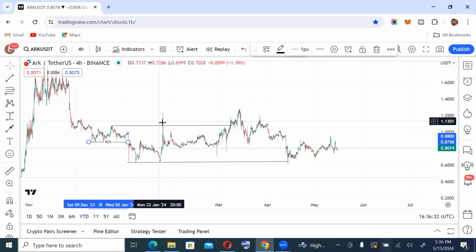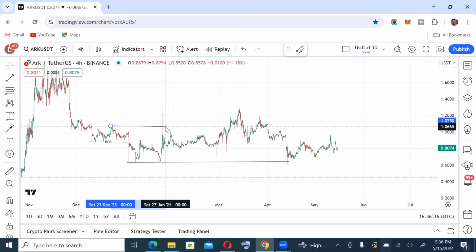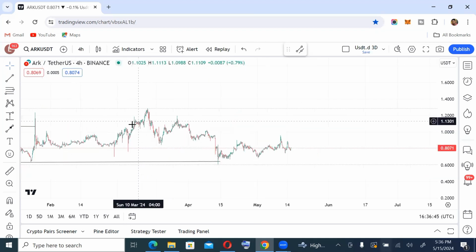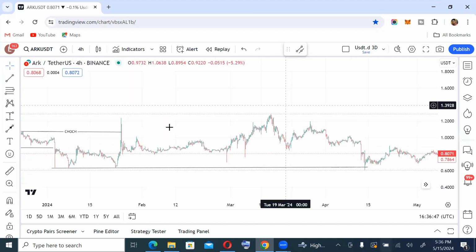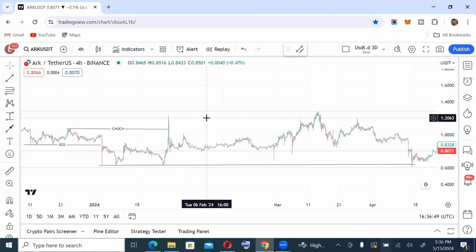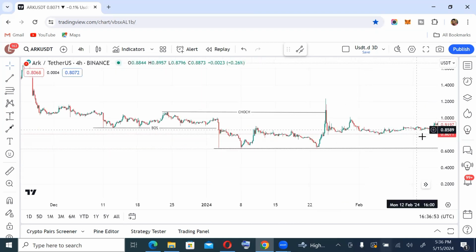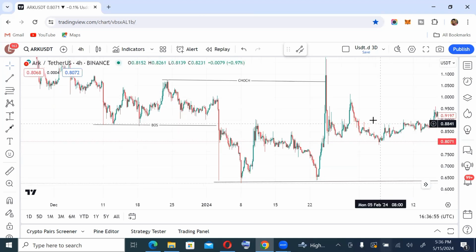And then we got our choch somewhere around here. Got our change of character somewhere around here. Now you can see very clearly how price was able to move. Let me just make this visible for you guys. Can you see this?